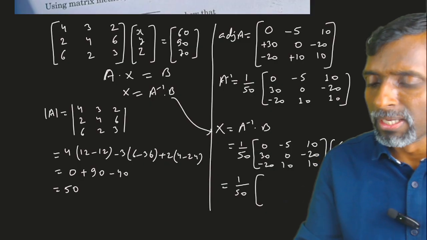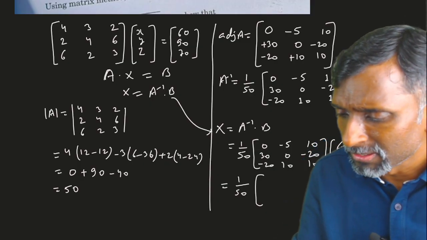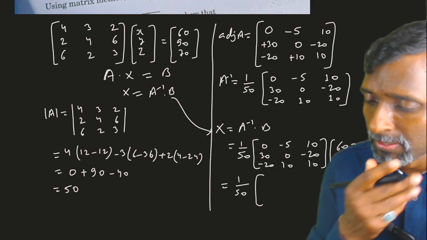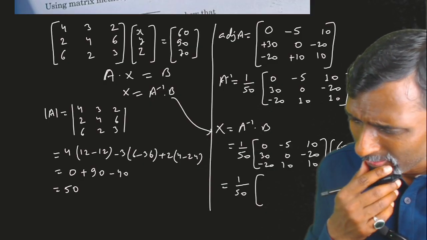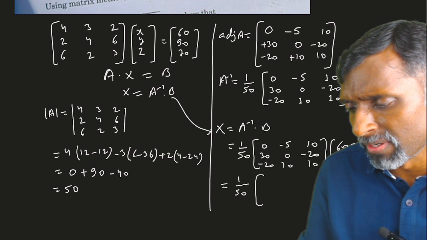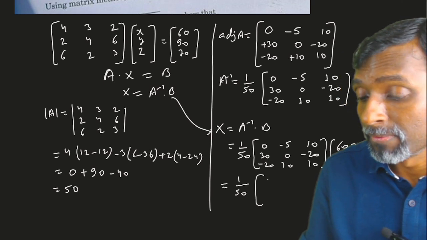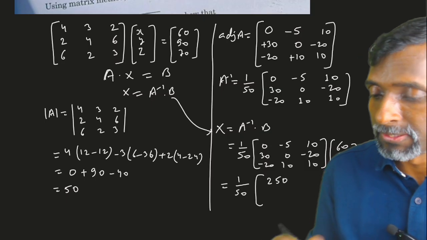So it is 0 and minus 450 and plus, it is 70, no? 70, yes. So 0 and minus 450 plus 700. 700 minus 450 is 250. Yes.